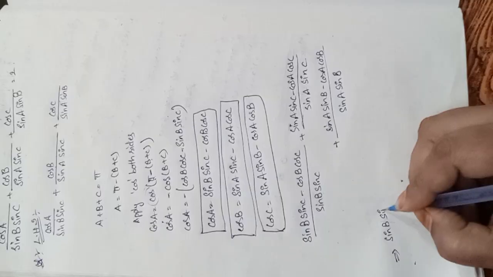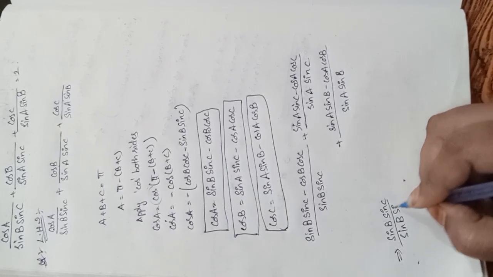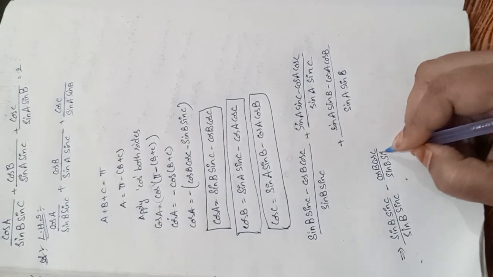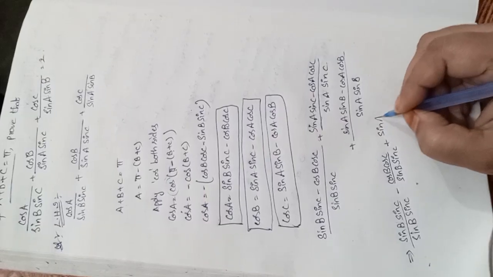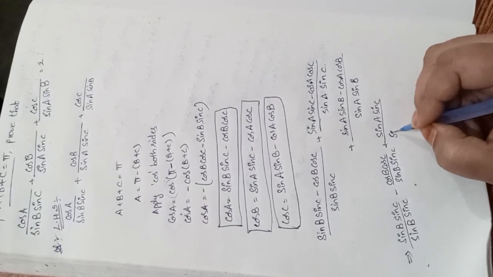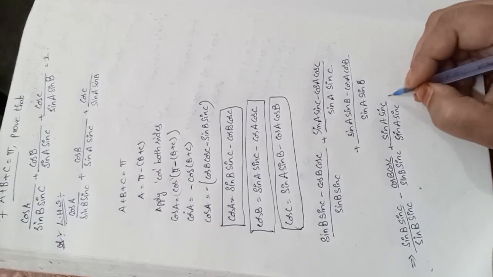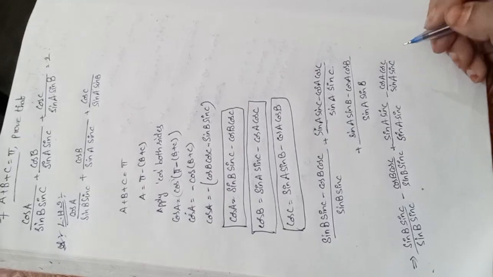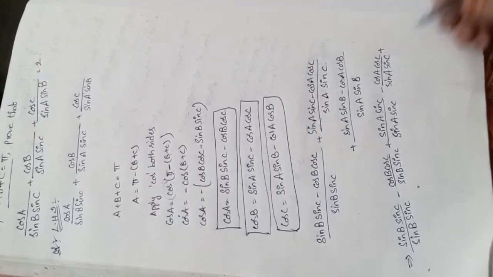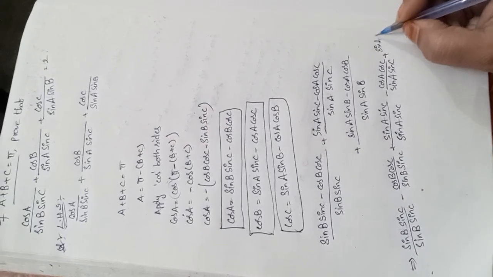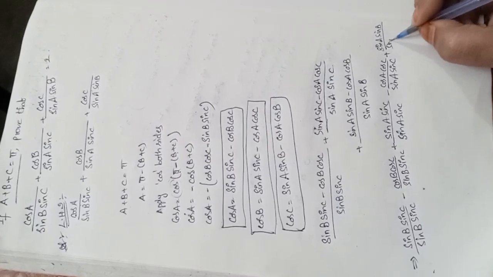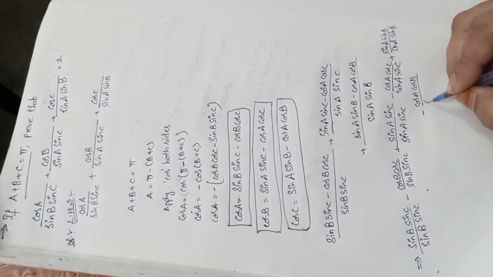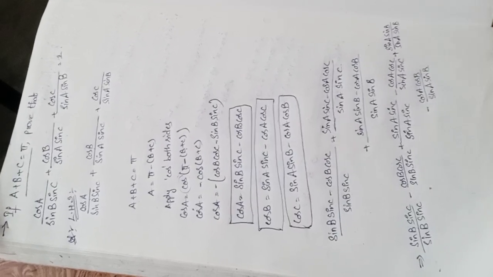Sin B sin C by sin B sin C minus cos B cos C by sin B sin C, plus sin A sin C by sin A sin C minus cos A cos C by sin A sin C, plus sin A sin B by sin A sin B minus cos A cos B by sin A sin B, right?